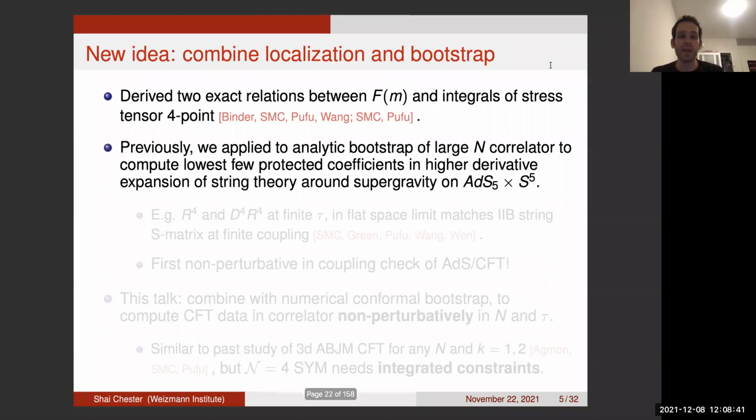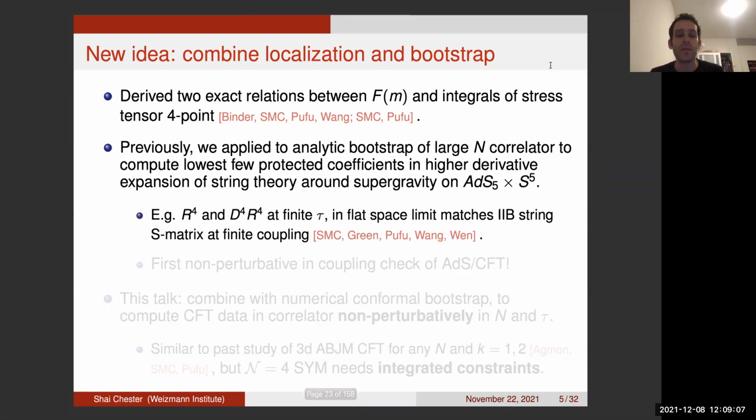Previously, we had applied these integrated constraints to the stress tensor correlator in a large N expansion. And that allowed us to compute the first few coefficients in this large N expansion, being dual under AdS/CFT to scattering of gravitons, where the lowest term is the Einstein-Hilbert term, and then 1 over N corrections would correspond to higher derivative corrections to Einstein gravity.